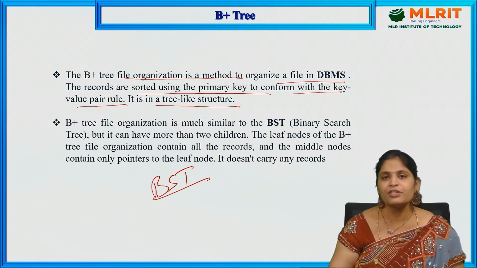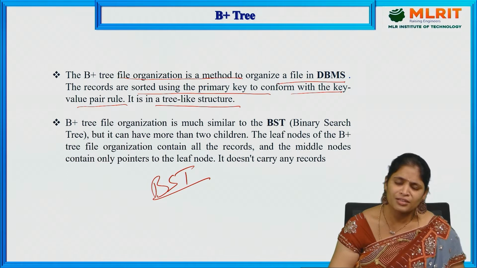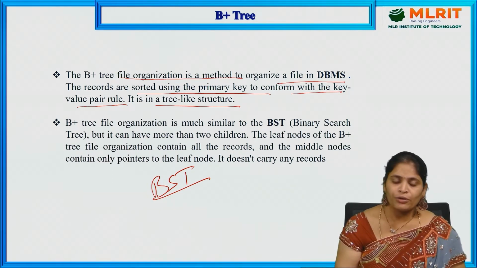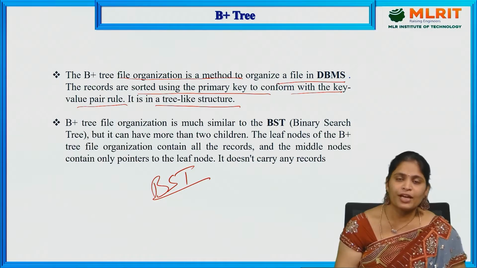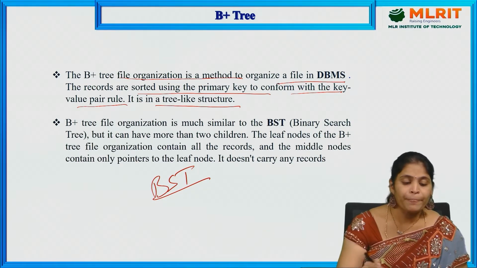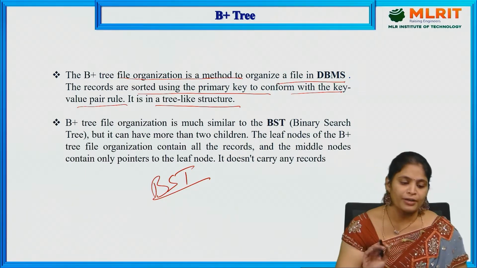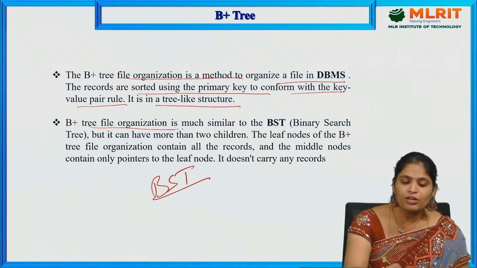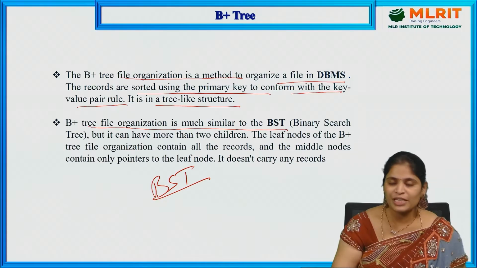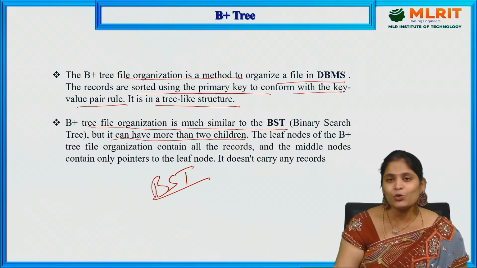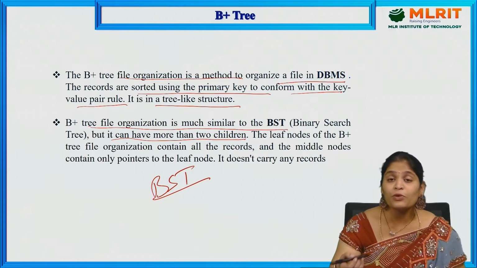The basic difference is that a binary search tree contains only 2 children per node, but in a B+Tree we can have any number of children. The records are stored in a sorted manner. B+Tree file organization is similar to BST, but it can have more than 2 children.